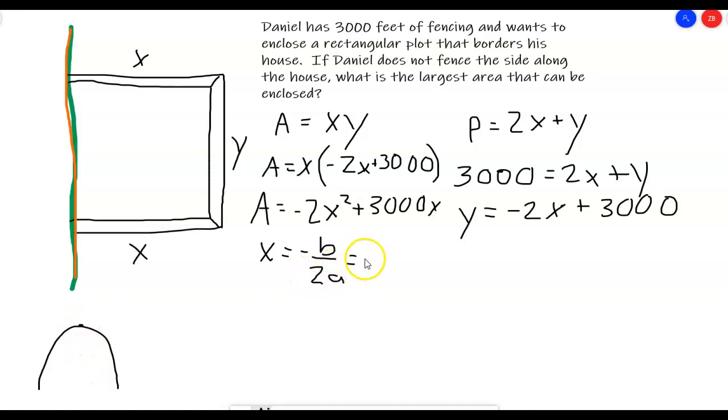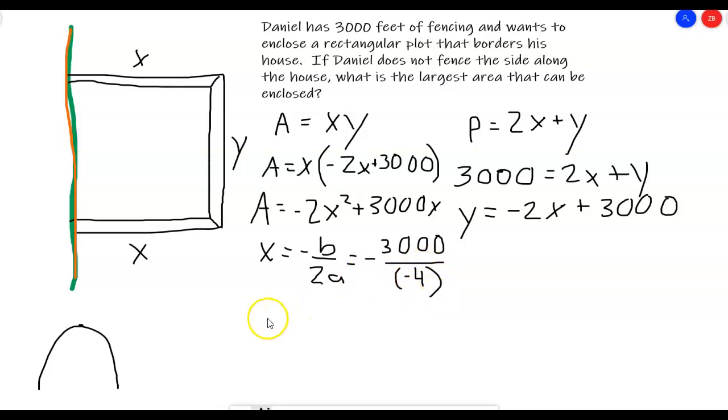So x is equal to negative my b, which is the coefficient in front of my x to the first, so that's 3,000, all over 2a. That's 2 times negative 2, because my a is the coefficient in front of my x squared term. So that's all over negative 4.